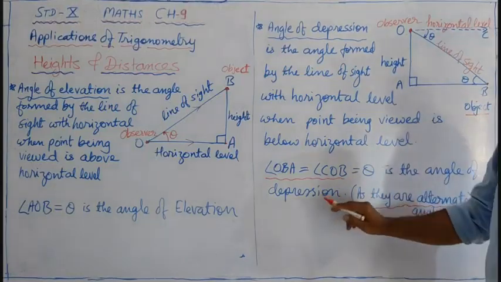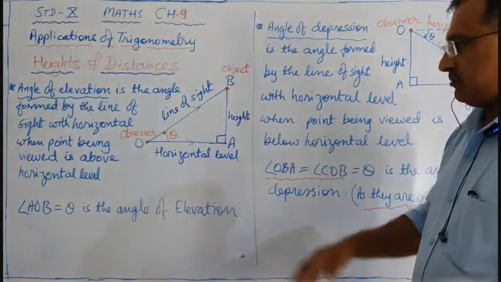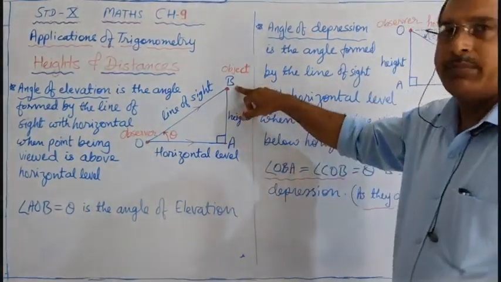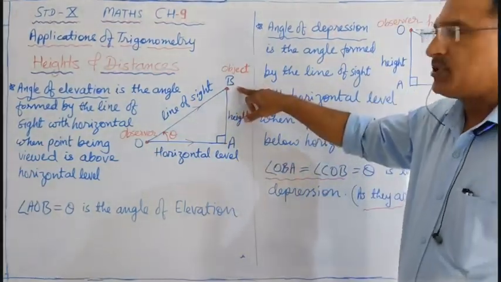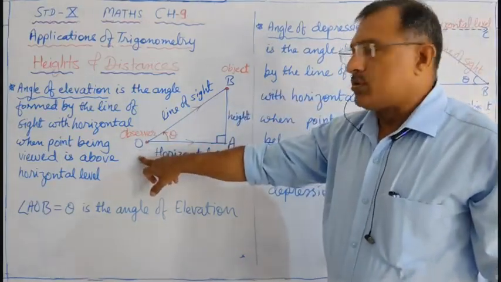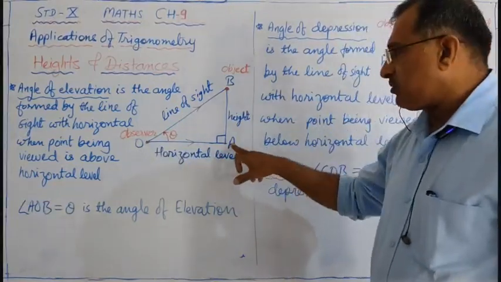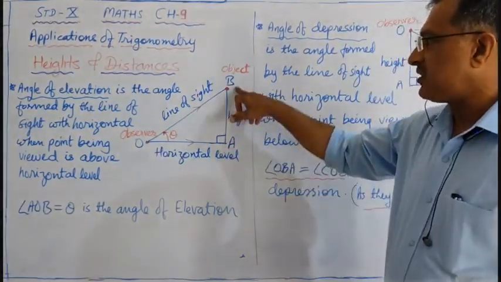Here you can see for the angle of elevation, for example, there is a tall tower. You are observing the top of the tower from point O, which is at a distance OA from the base of the tower. This is the base of the tower, and this is the top of the tower.